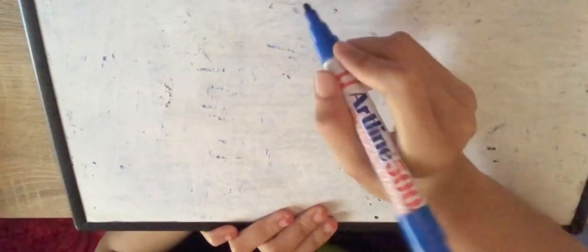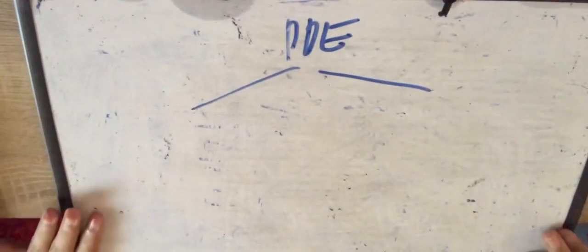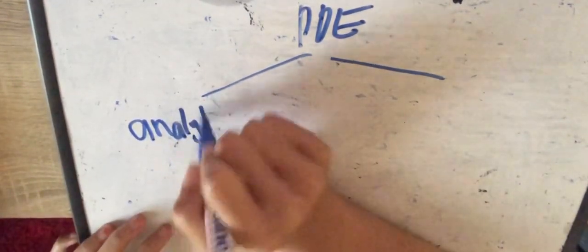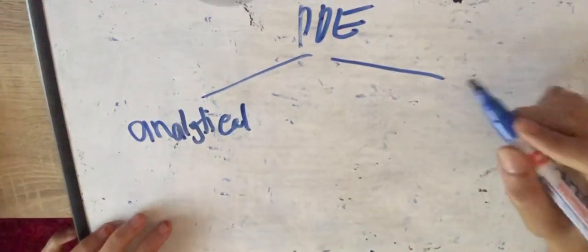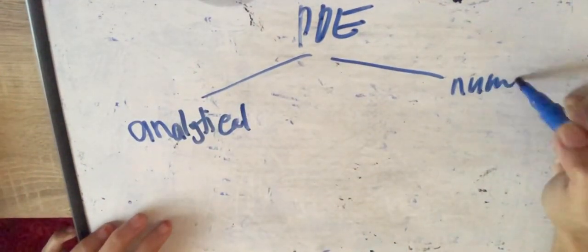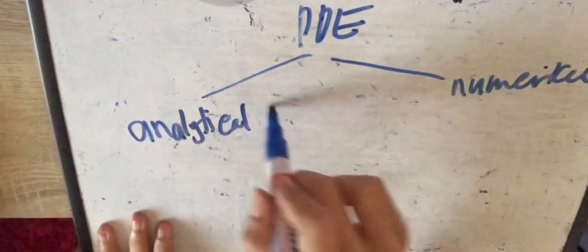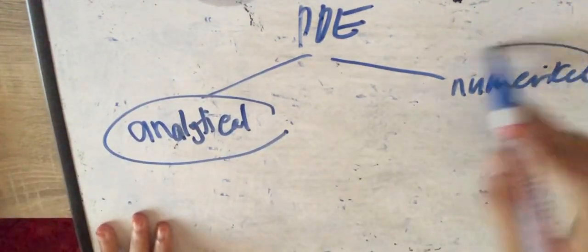For PDE, there are two types of solution. The first one we call analytical, and the second one we call numerical. For this week I will cover analytical, and next week I will cover numerical.